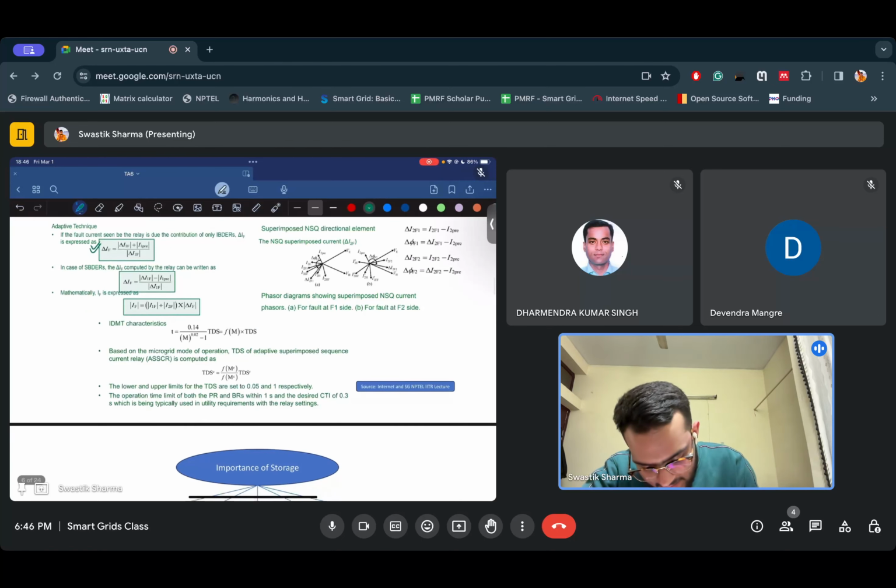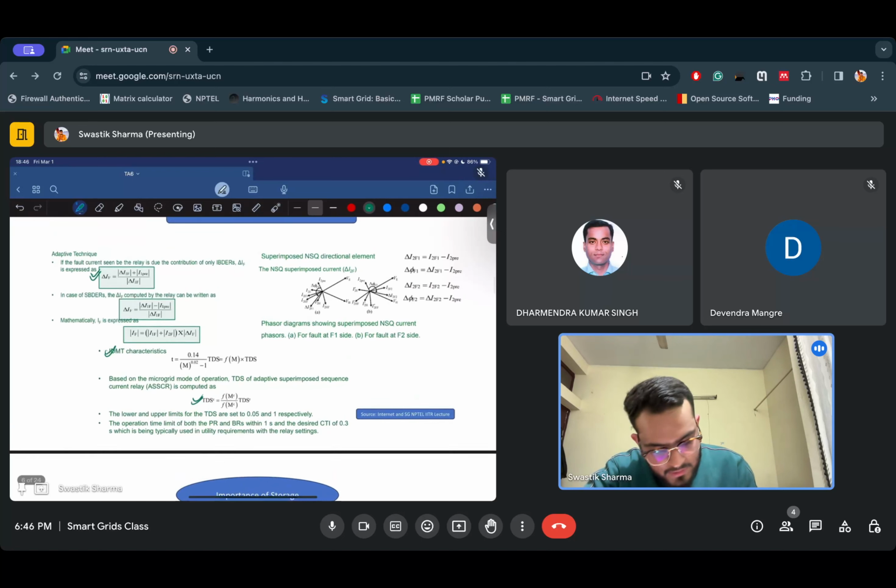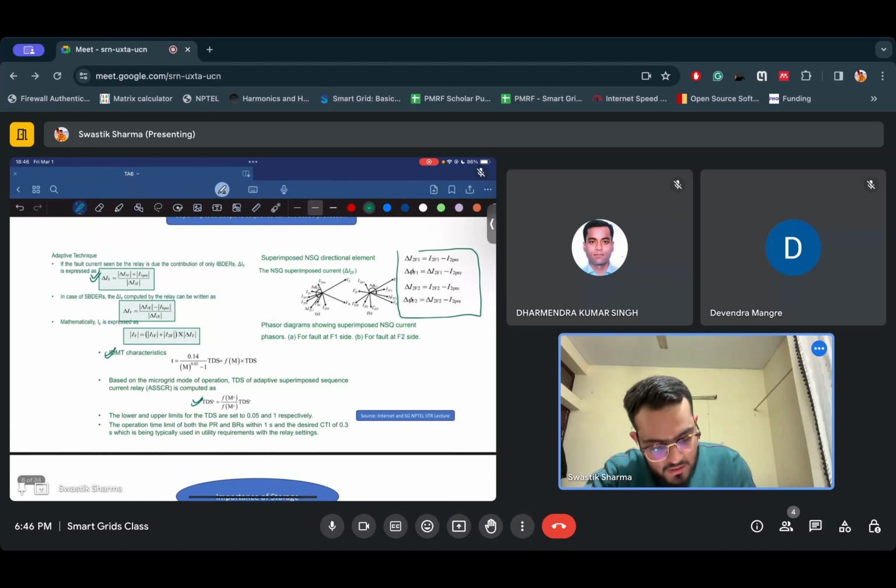And using the same IDMT characteristics which we discussed previously, you will be able to sense the same things. Now you need to calculate both for the negative sequence current component. Before we were doing it for the positive sequence current component. Now they are saying do it for the negative sequence current component.